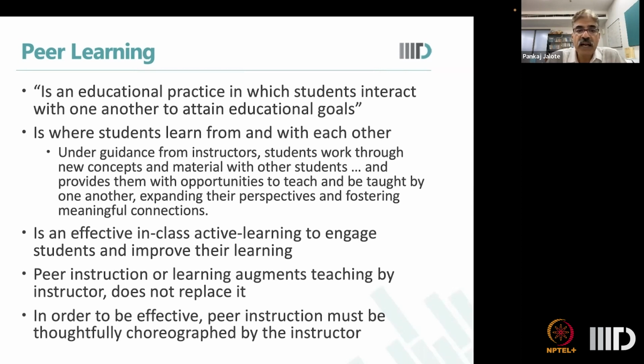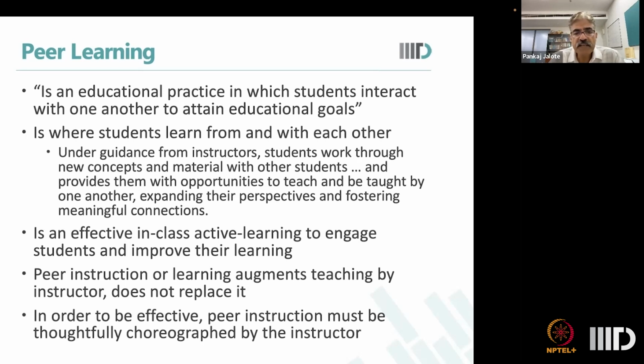But they are under the guidance of instructors. So it's not that you just leave them, saying, hey, look, learn this. That doesn't work that way. They can work through new concepts and material, but the guidance and control and speed, all of this has to be done by the instructor.